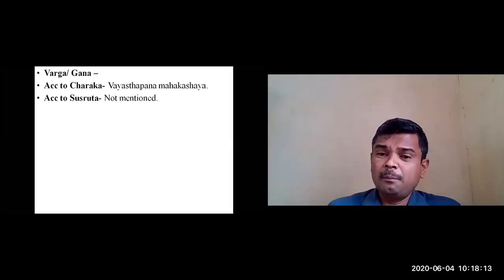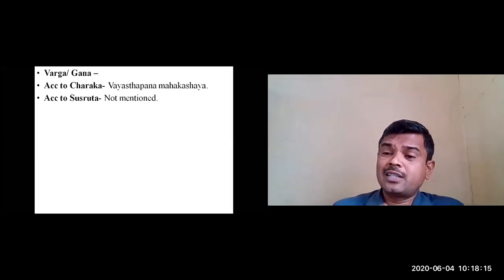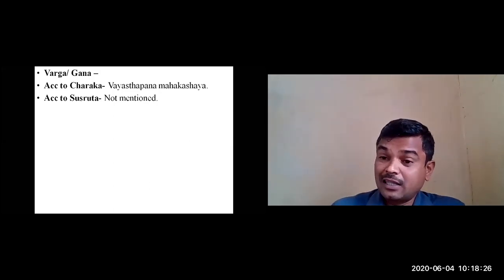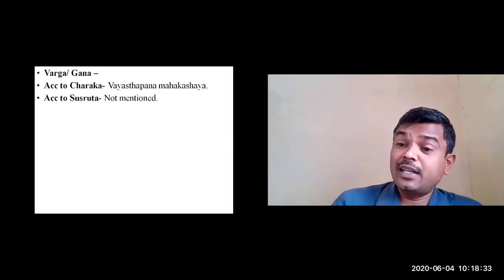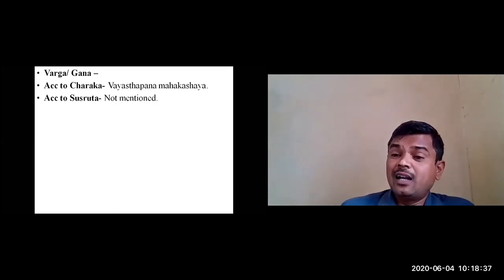So you can rule out that Amruta is Haritaki. Here we have to consider Amruta as a synonym of Guduchi. If you remember, Acharya Charaka mentioned Sandhaniya, Stanya Shodhana, Snehopaka, Truptigna, Trushna Nigrahana, Daha Prashamana and Vayastapana Mahakashaya.